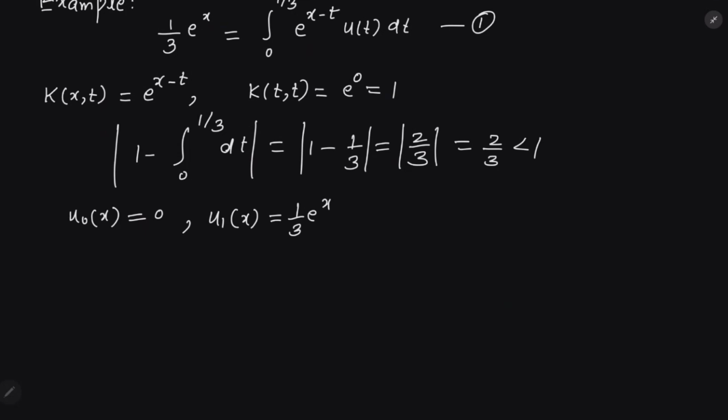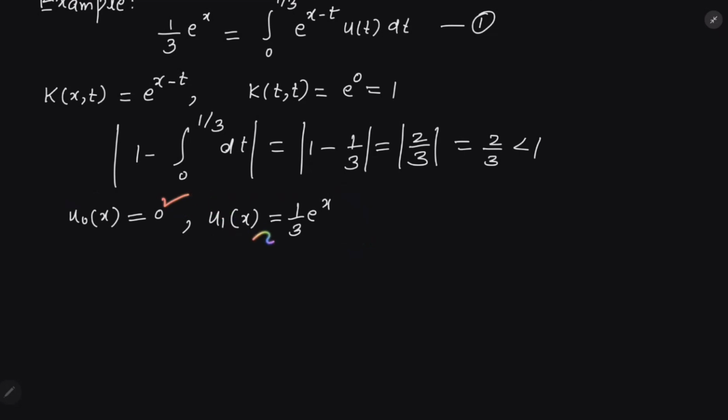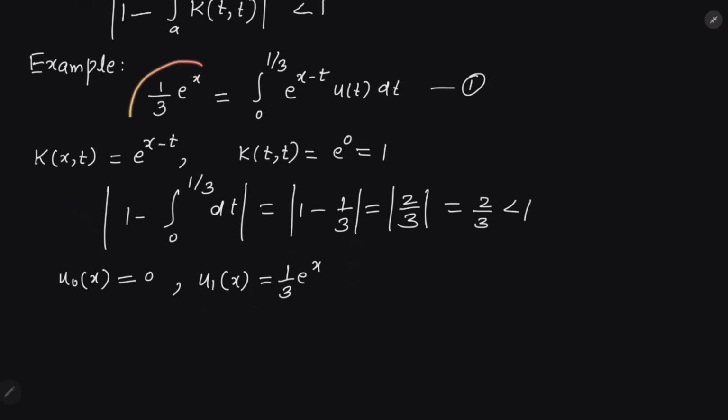For the time being, just take these two initial values. U naught is coming from the theory, it should be equal to 0. And another value is u1 of x, which is actually coming from the non-homogeneous function.